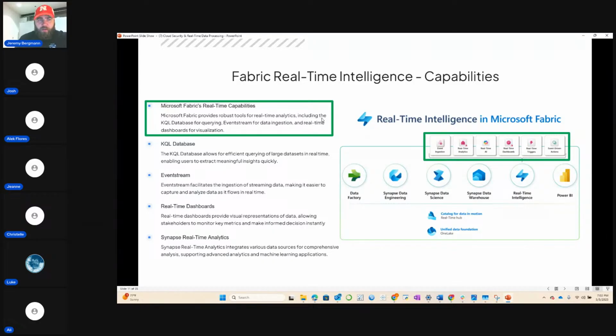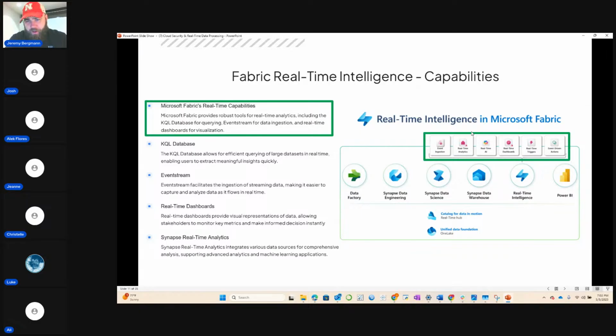Okay. So talking about Fabric's real-time intelligence and capabilities. We have all these things that we talked about: event ingestion, real-time analytics, real-time dashboards, and triggers and event-driven actions. They also have real-time AI. Whenever you can throw AI into things, your interest for it goes up.